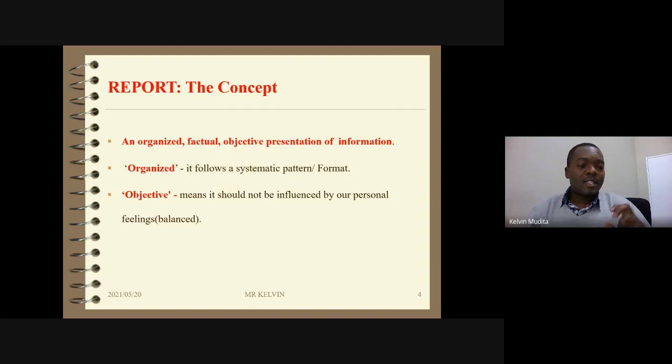Then another thing that distinguishes a report from other form of writing is the objectiveness of the report. That is, when you are writing a report, you should try as much to be balanced. You should not express your personal feelings when you are writing a report. A report should always be balanced. If you are writing a report on politics in South Africa, if you support a specific political party, you should not be biased.